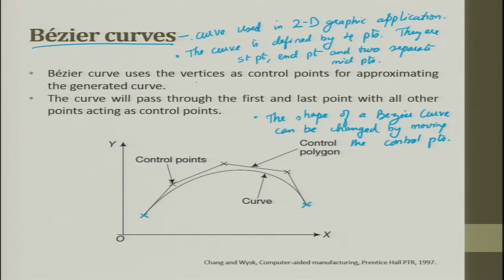So, Bézier curve uses vertices as control points for approximating the generating curve. The curve must pass through the first and last point, that is compulsory, with all the other points acting as control points. So, you do not have to pass through them, but the curve has to go close to those control points.